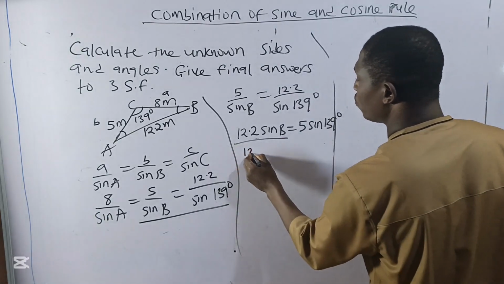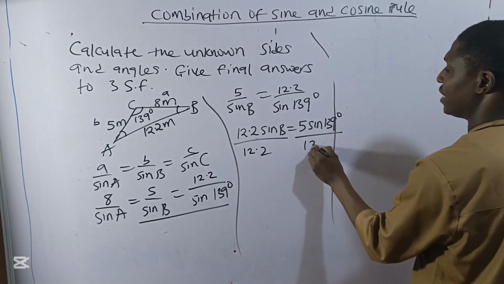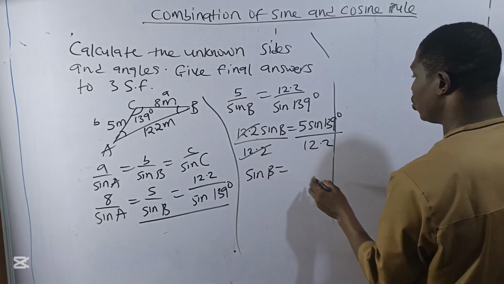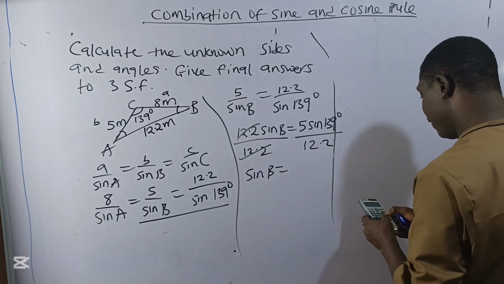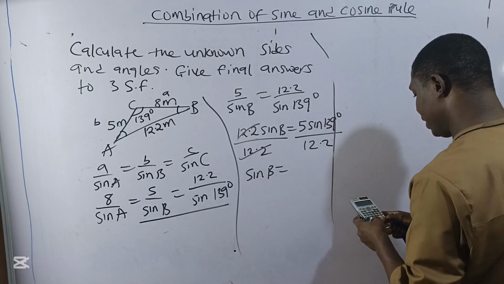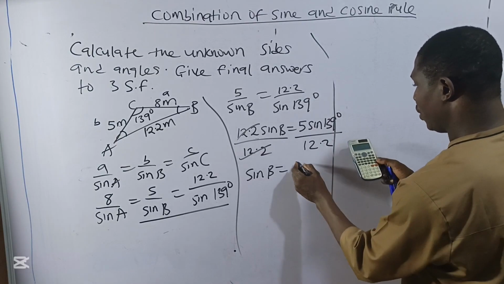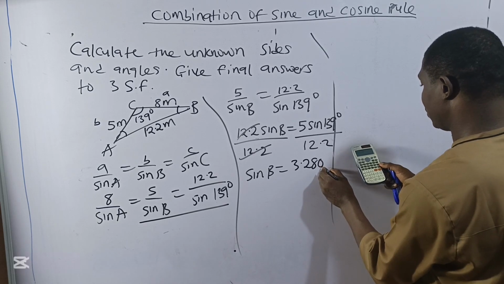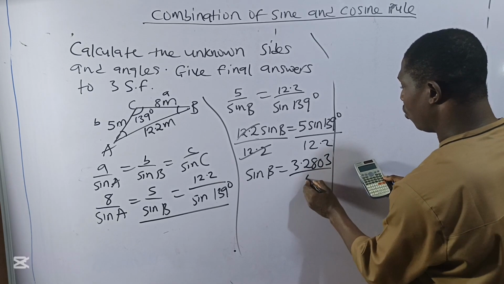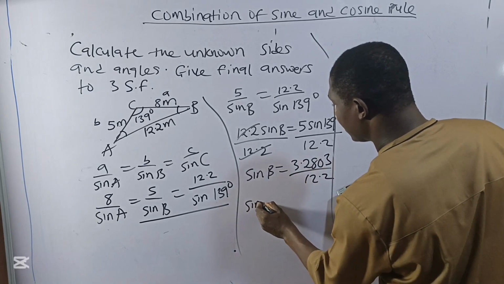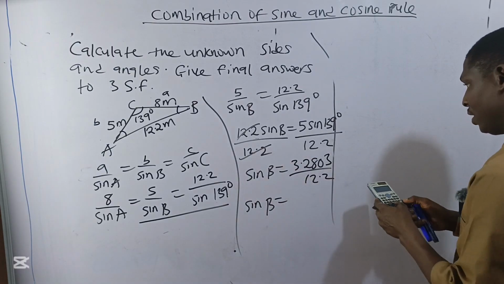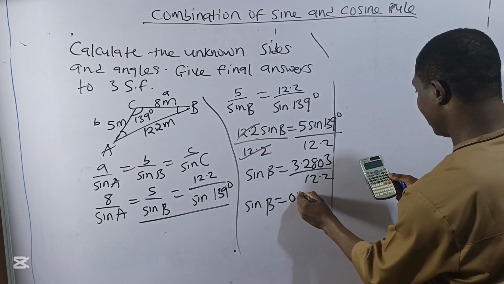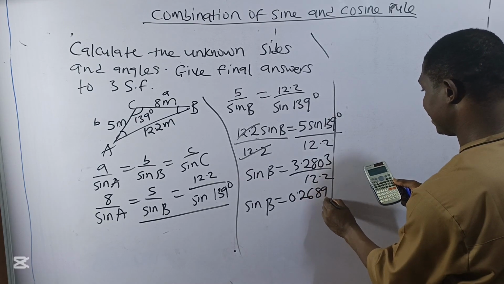And I'll divide through by 12.2 so that sine B stands alone. This will cancel this, and I'll have sine B equals 5 sine 139, which gives me 3.2803, all over 12.2. And sine B will be equal to this value divided by 12.2, giving me 0.2689.